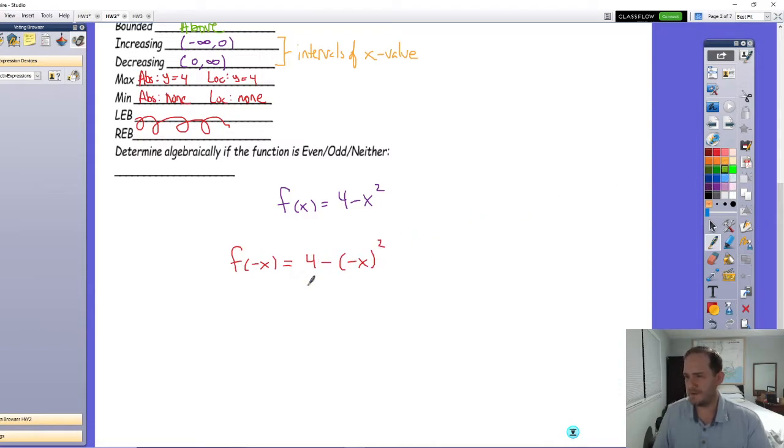And from here, if you just kind of went, okay, so that's 4 minus x squared, because the negative cancels out. That's a little too hand-wavy for my taste. You're really not explaining why that happened. So if we're in the middle of an assessment and you're trying to actually earn points by demonstrating knowledge, I would do this. I would break down negative x to the product of a negative 1 and an x.